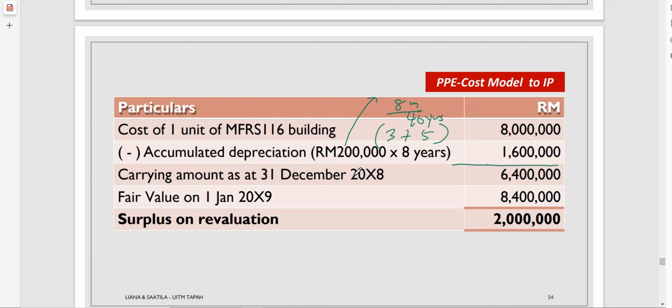And by 1st of January 2000 X9, the fair value on the date of transfer is 8.4 million. You will treat that as a surplus on revaluation, although the cost model is applied, because this is on the date of transfer.